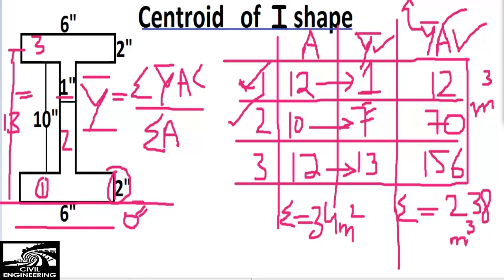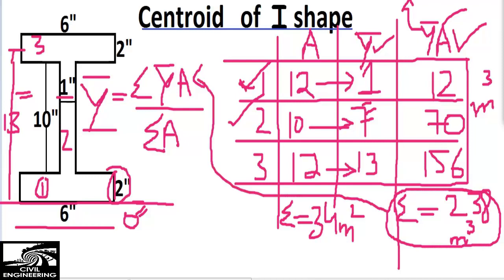So now this 238 I will put it here, right, and 34 in meter square I will put it here. And sorry that I mentioned meter square and meter cube, it's actually in inches, so we will put inch square, right? Sorry for this mistake.